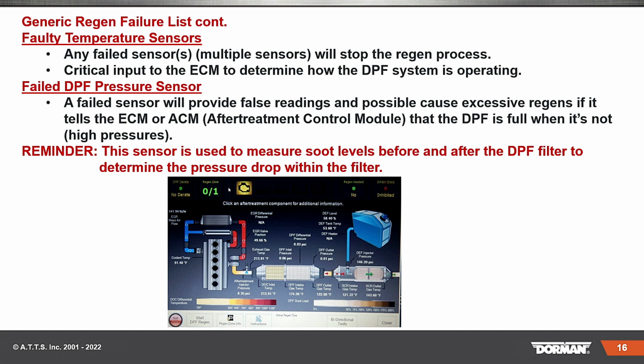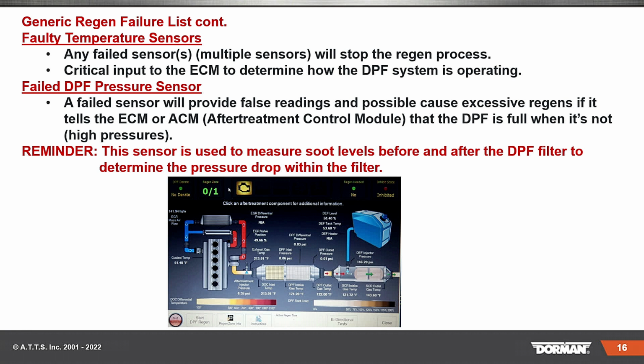Generic regen failure again: faulty temperature sensors. Any failed sensor, or multiple sensors, is going to stop the regen process. They are a critical input to the ECM to determine how the DPF system is operating. A failed DPF pressure sensor will provide false readings.